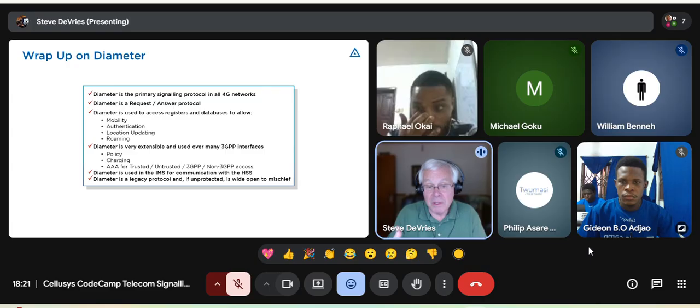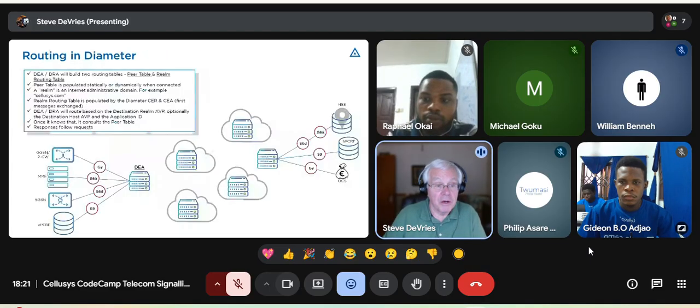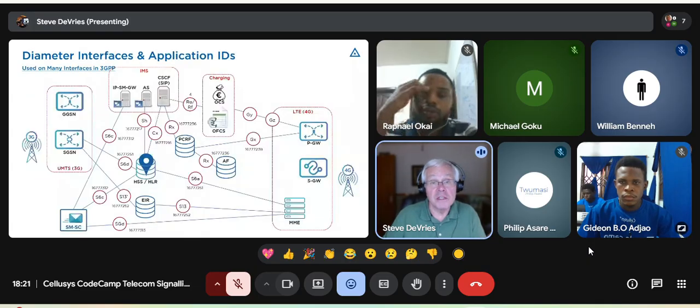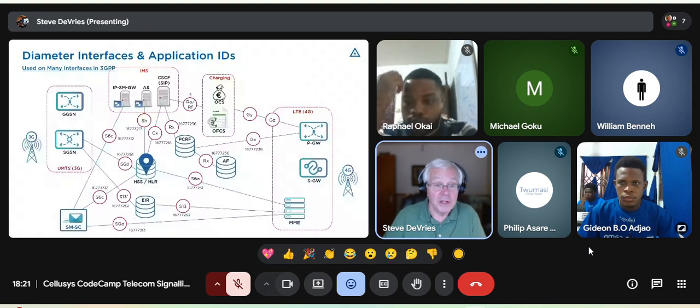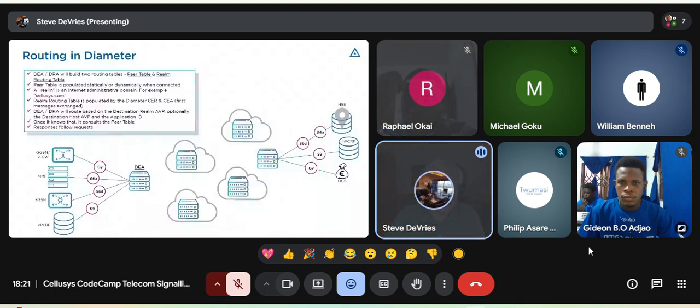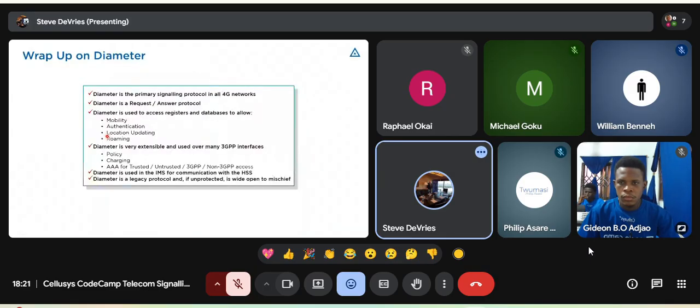It's very extensible and it's used over many interfaces. As we saw here, it's used over a lot of different interfaces, or potentially a lot of different interfaces. It can be used for policy, it can be used for all of these things here, plus it can be used to convey different policies. It can be used for online charging or offline charging. It can be used for other networks accessing the LTE network.